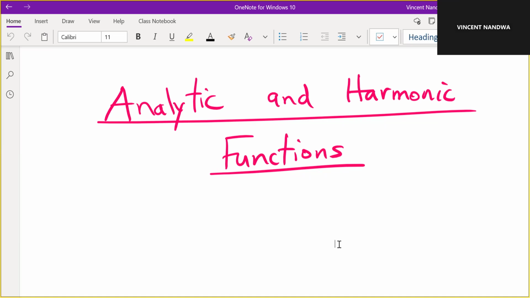Once we give the definition of what we mean by analytic and harmonic, the rest of the stuff will be simply to do the differentiation of complex valued functions, which actually turns out to be the same way we deal with real valued functions. So nothing much to be scared of.